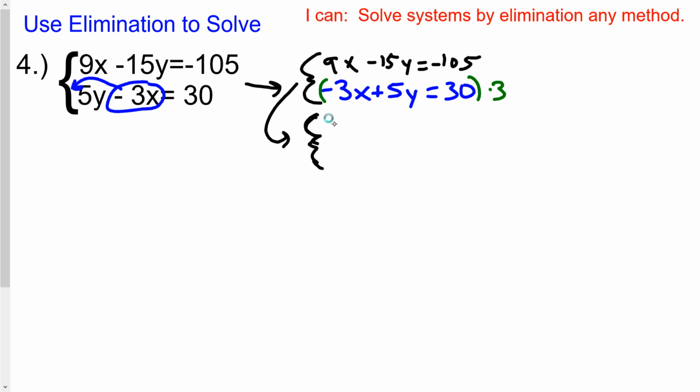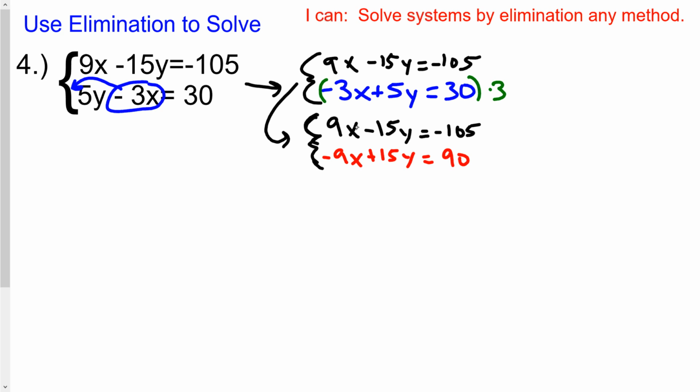So I have my first equation here, sorry, is 9x minus 15y equals a negative 105. And the equation I'm multiplying, or times everything by 3, gives me a negative 9x plus 15y equals, let's see, 90. Okay.